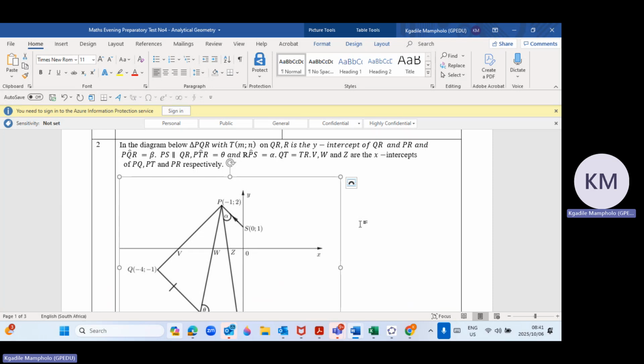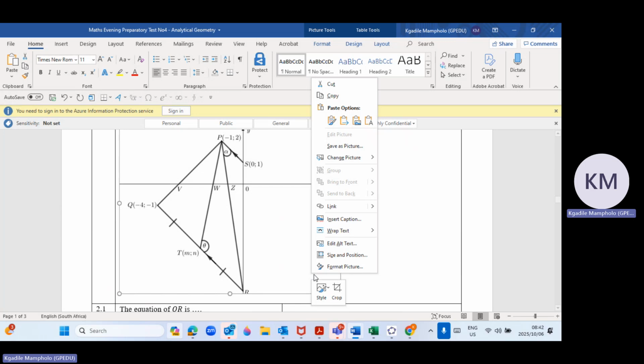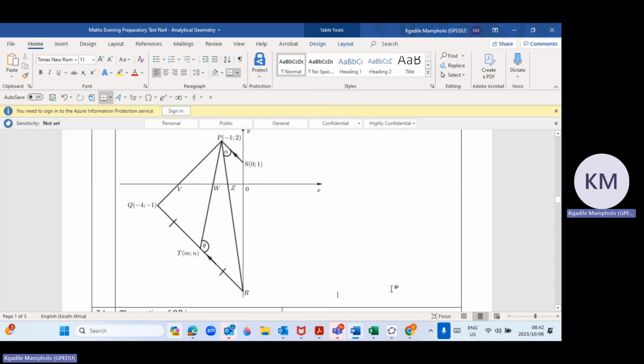R is the y-intercept of QR and PR respectively. You can see R is here. R is the y-intercept of PR and QR, as the statement says.